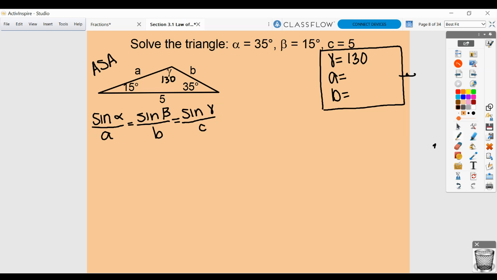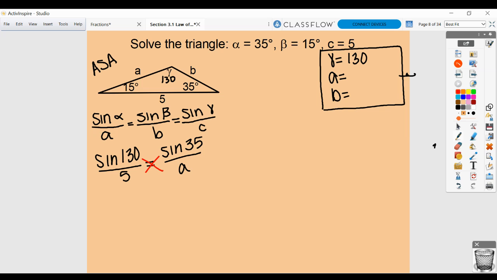Okay, so we're going to use the sine of 130 over 5. And let's just find A first. So you're going to have sine of 35 over A. You see how everything is matching up?